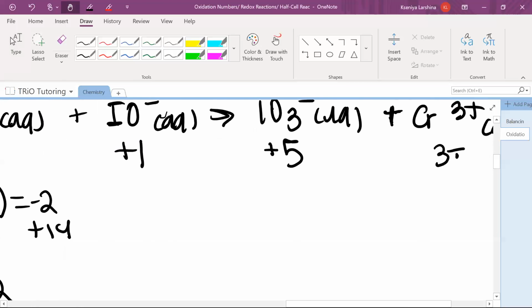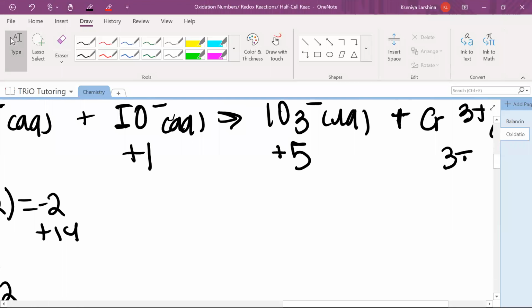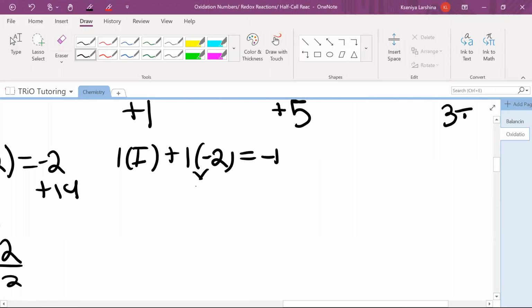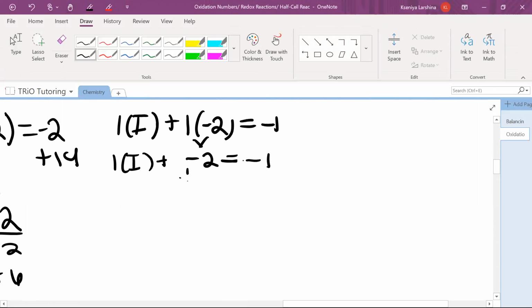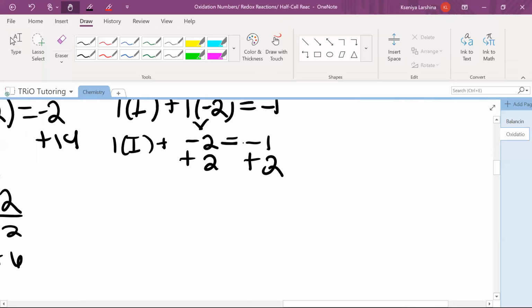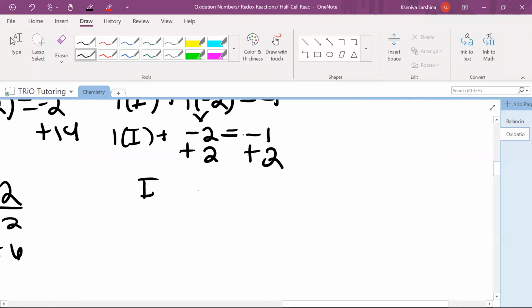And IO we find because 1 I plus 1 times -2 for the oxygen equals -1. This equals -2. Add 2. And I equals +1.